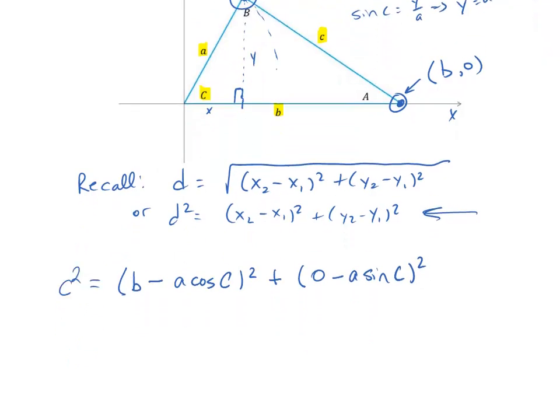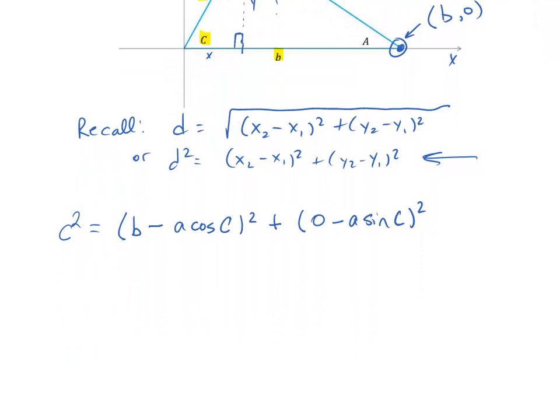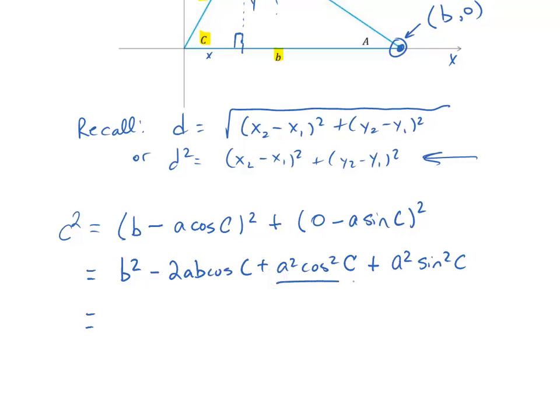And the rest is algebra. If I multiply these out using FOIL, this becomes B squared minus 2AB cosine of C, that's twice the product of the first and last term, plus A squared cosine squared of capital C, plus, and now the square of this minus is going to become a positive, so you just get A squared sine squared of C. Now notice that these two terms have in common an A squared.